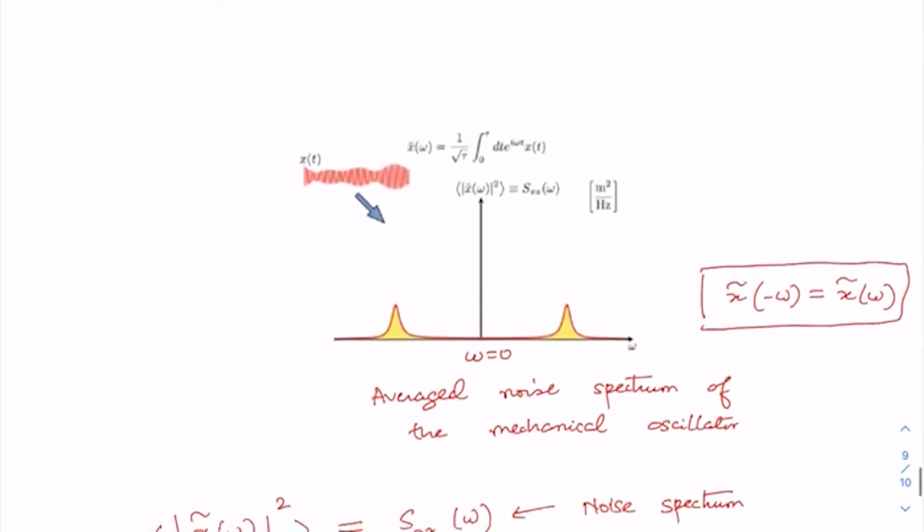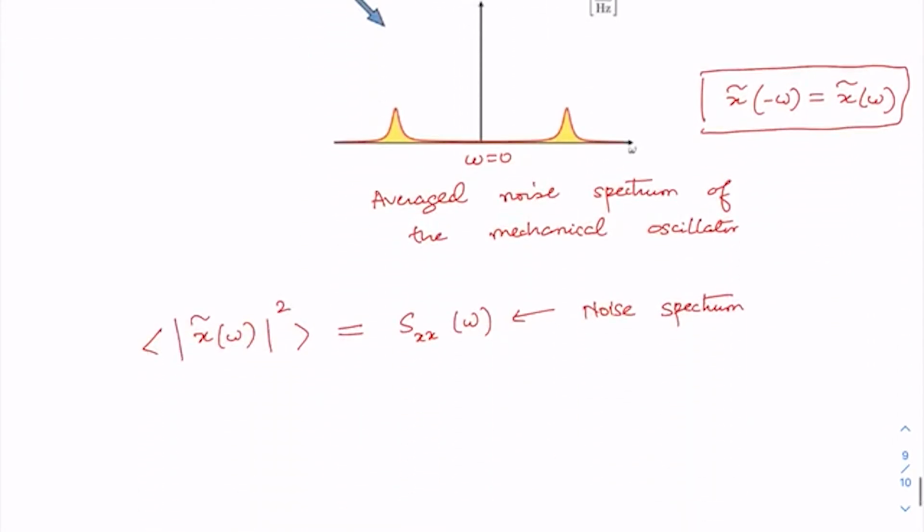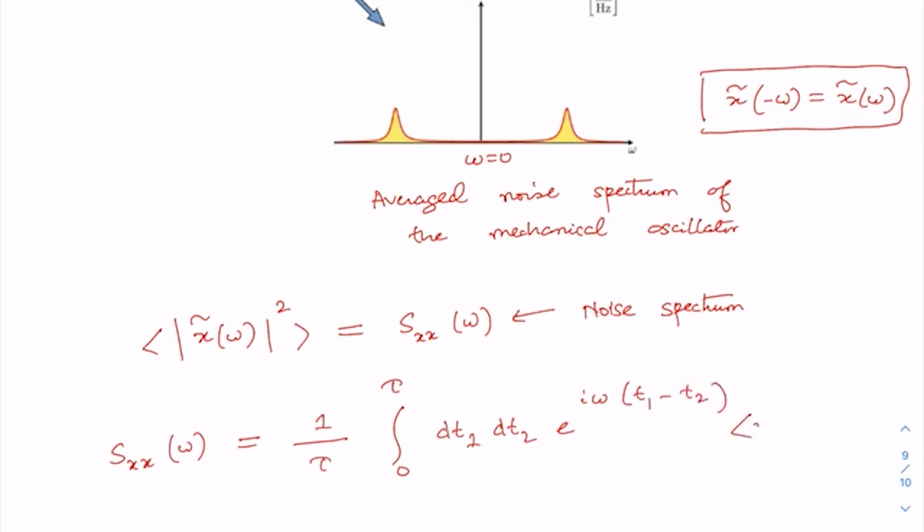Because we know what x tilde of omega is, it is very easy to show that this noise spectrum is equal to 1 by tau, integral from 0 to tau dt1 dt2 e to the power i omega (t1 minus t2), and we have x of t1 x of t2.